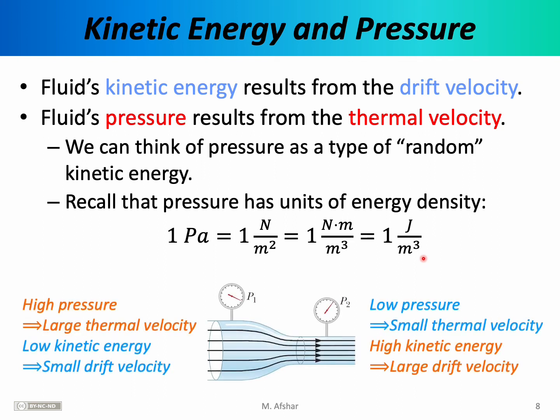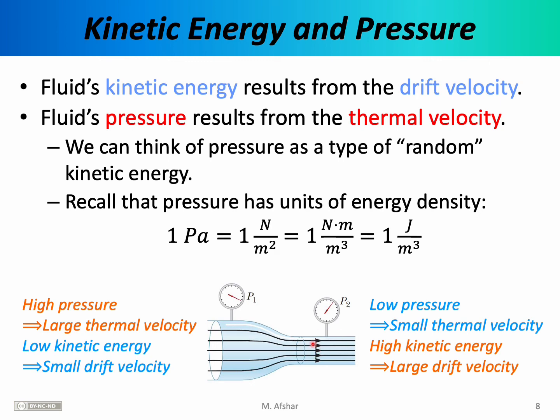In the practice problem that we did, we saw how the velocity increases from left to right, but the pressure decreases. So what was really happening inside this pipe was that we started with molecules that had large thermal velocities but small drift velocities. So most of their motion was essentially in a direction perpendicular to the drift.